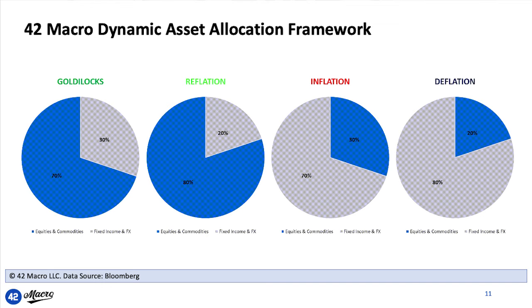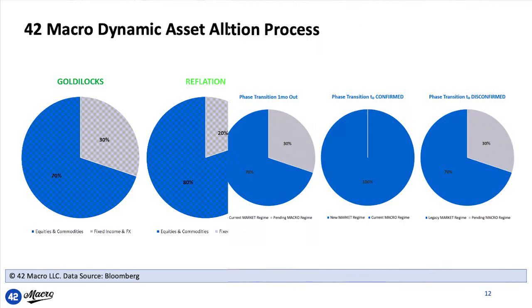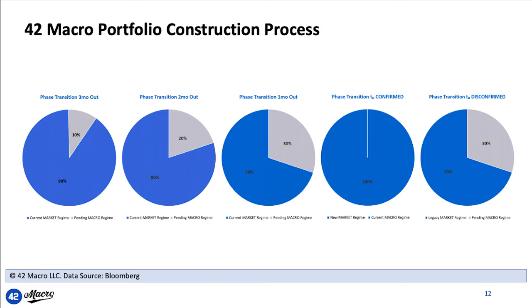So about 70% equities and commodities in Goldilocks, 30% fixed income and FX. But bump that up to 80% equities and commodities in inflation, 20% fixed income and FX. And then the reverse is true when you're in deflation. And just as an aside, both inflation and deflation are risk-off market regimes according to our backtest and according to our framework.